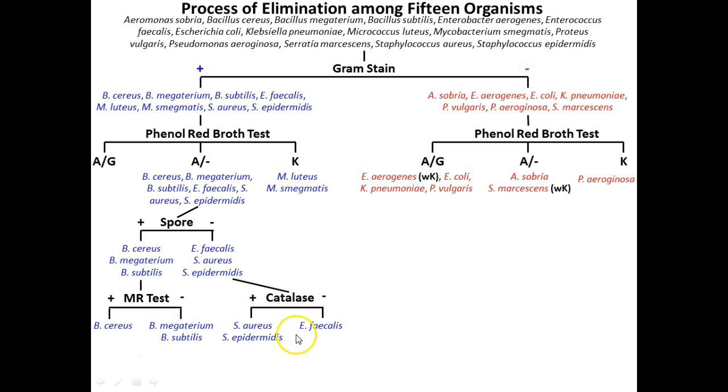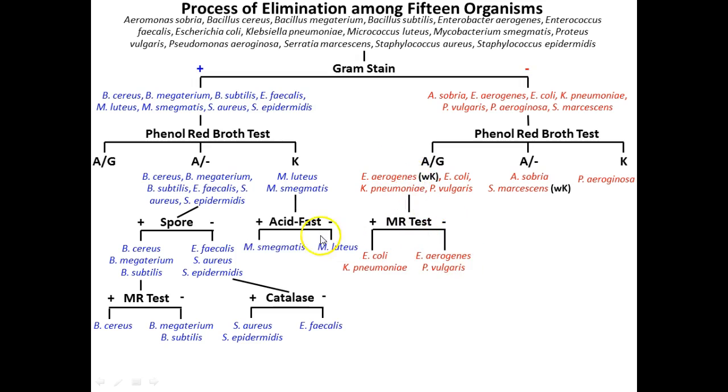And for the catalase test too, you can narrow these 3 down to a particular one and then still have to differentiate these 2 organisms. The methyl red test again will help group these into 2 distinct groups out of this group of organisms.